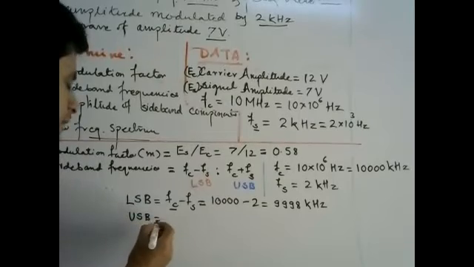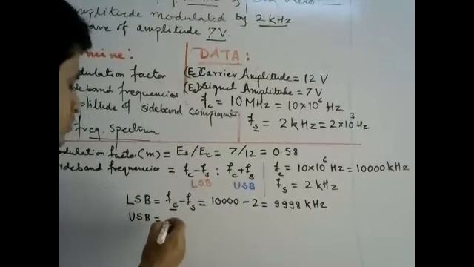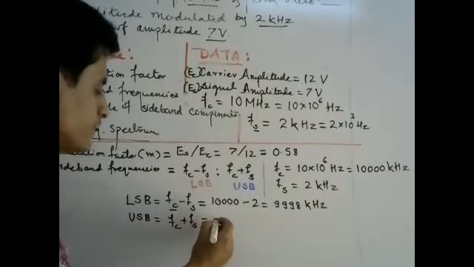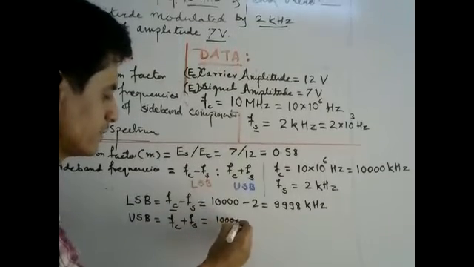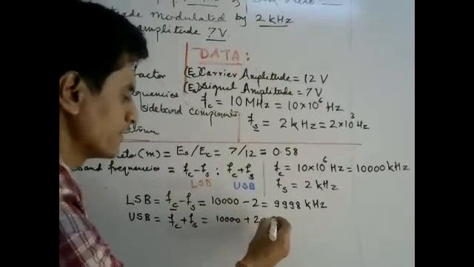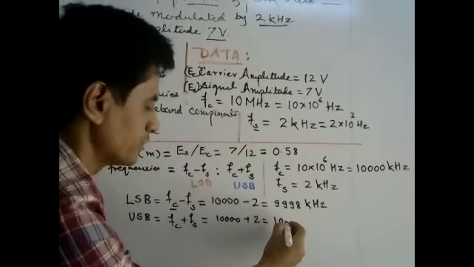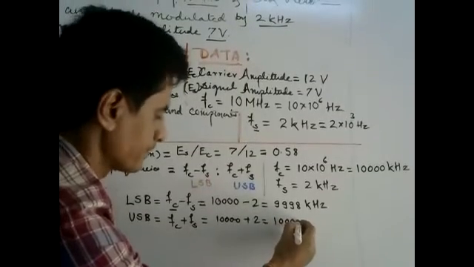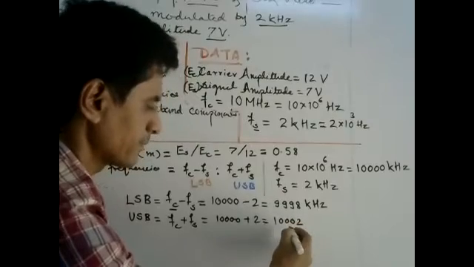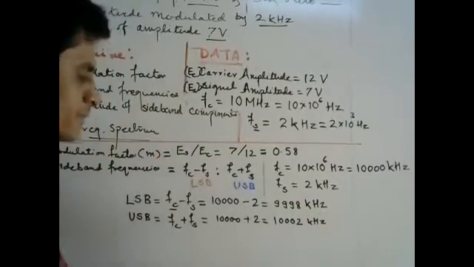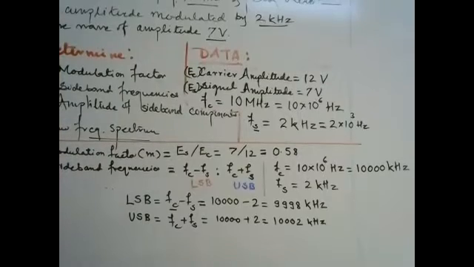Similarly, we can write, dear student, USB, that is upper side band, is equal to FC plus FS, that is 10,000 plus 2, that is equal to 10,002 kilohertz. Is it correct, dear student?